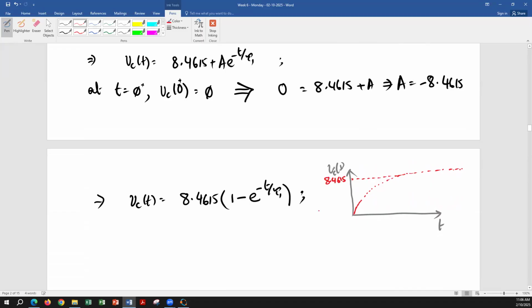Eventually, if you keep it running, then it's going to hit 8.4615. But we are not keeping it running because our change is happening at 5 milliseconds. So we are going to figure out what is the value at 5 milliseconds. That's why we wrote the equation.